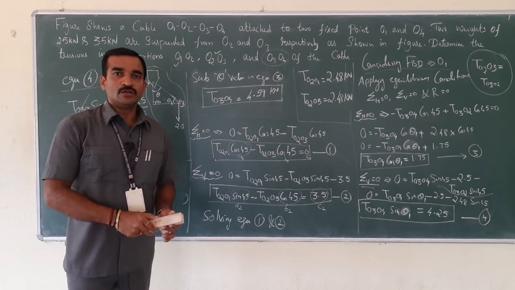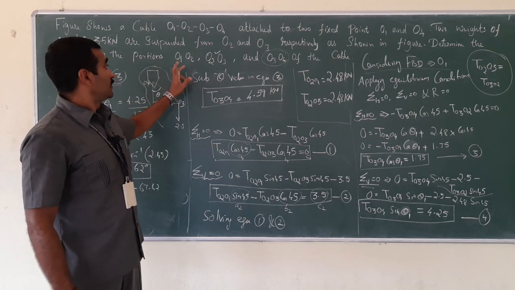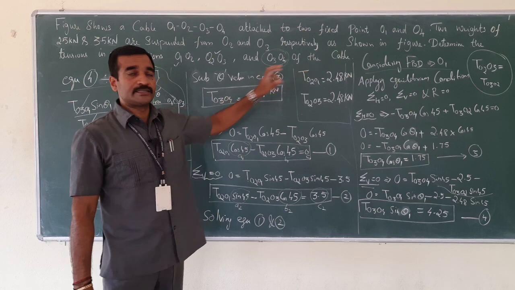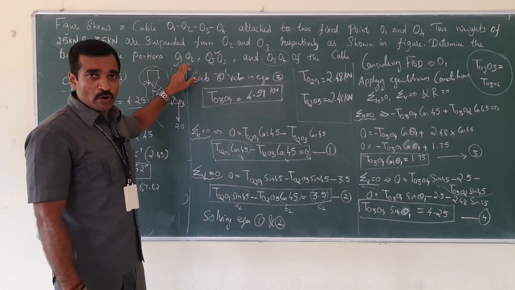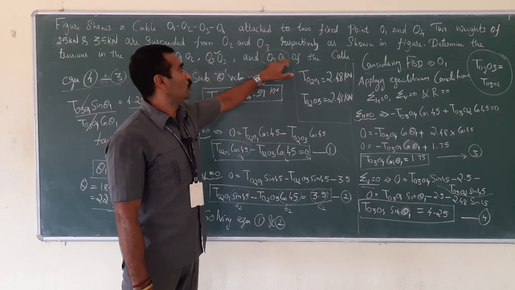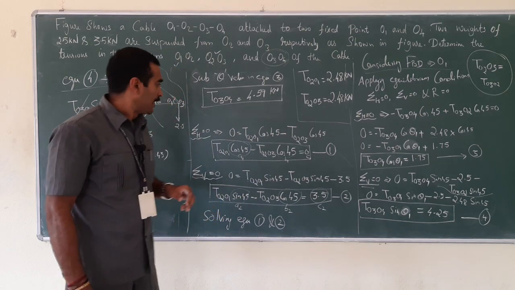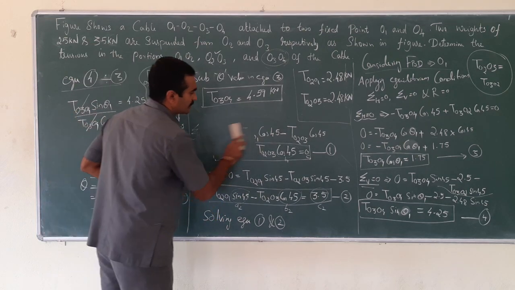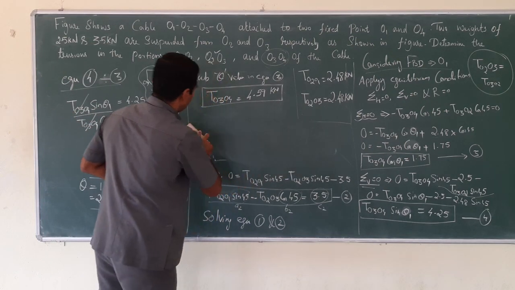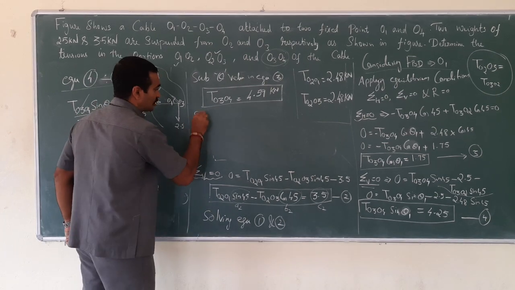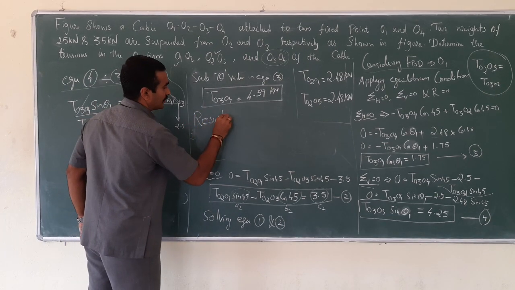Right? So what has been asked here? The three tension forces, which are acting at O1 O2, O2 O3 and O3 O4. Right? At last what you have to do is just mention the result.